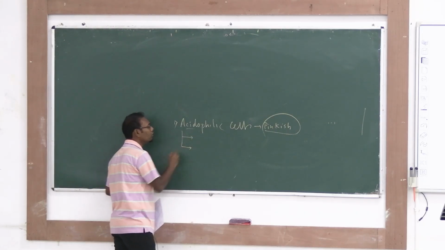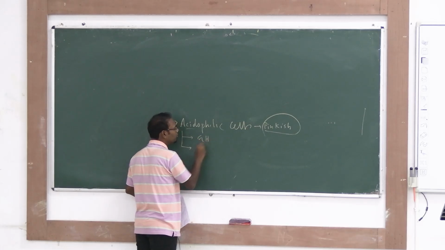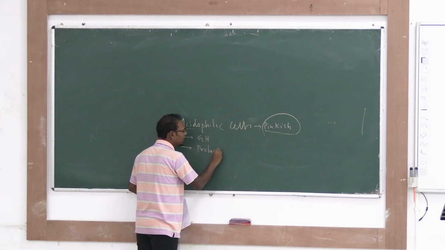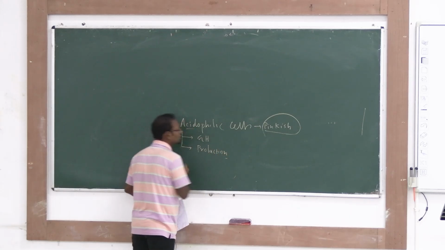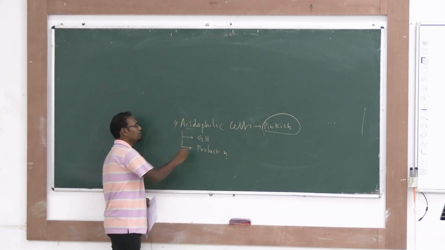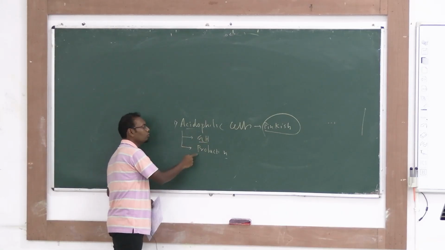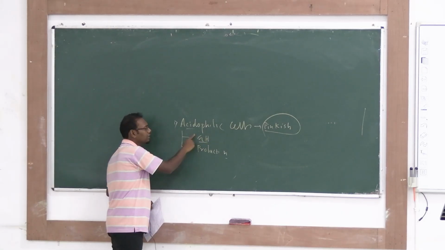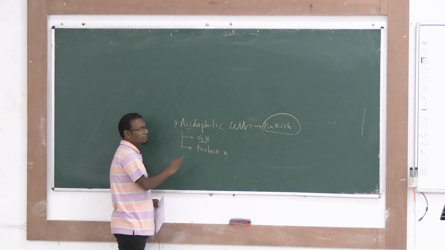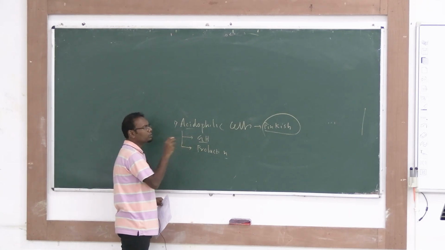These twin hormones are your growth hormone and prolactin. Why are they called twin hormones? Because they actually act simultaneously. Increase in growth hormone will increase prolactin as well. Decrease in any one of them will decrease the other as well. The other hormones don't show this kind of synchronization.